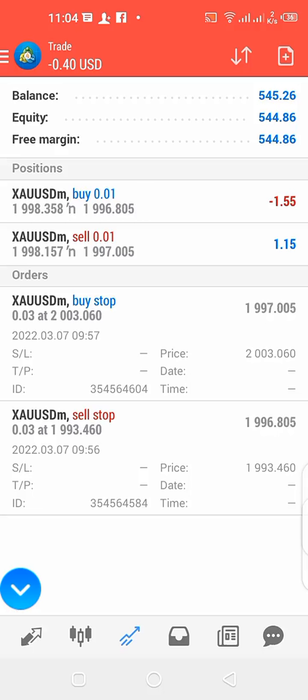Right now it appears as if the sell trade will get triggered first.